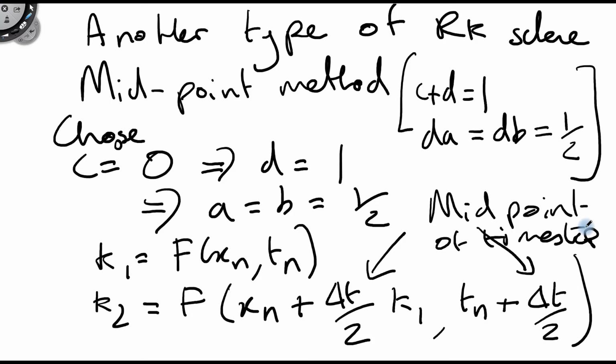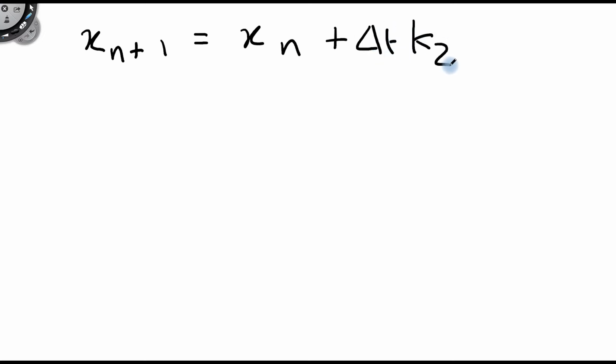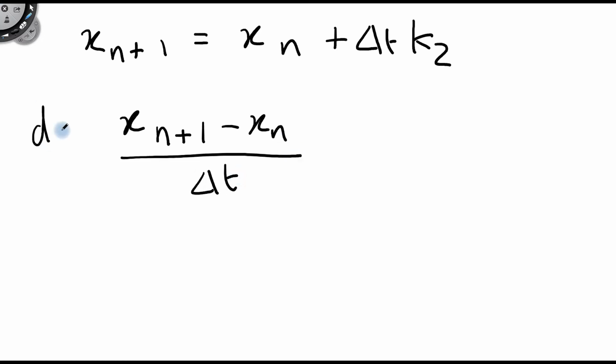And then finally, we just put it all together. We have xn plus 1 equals xn plus delta t times k2. So the formula at the end just involves k2, not k2 and k1. So another way of looking at this is, just rearrange this.